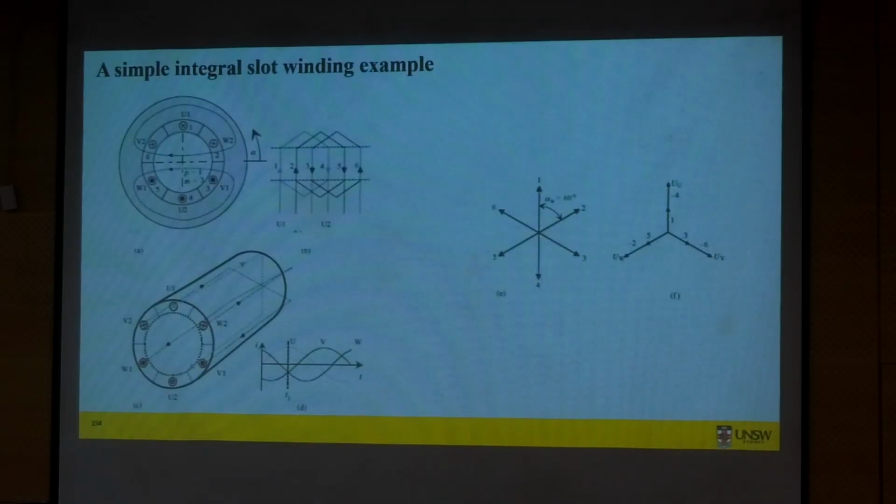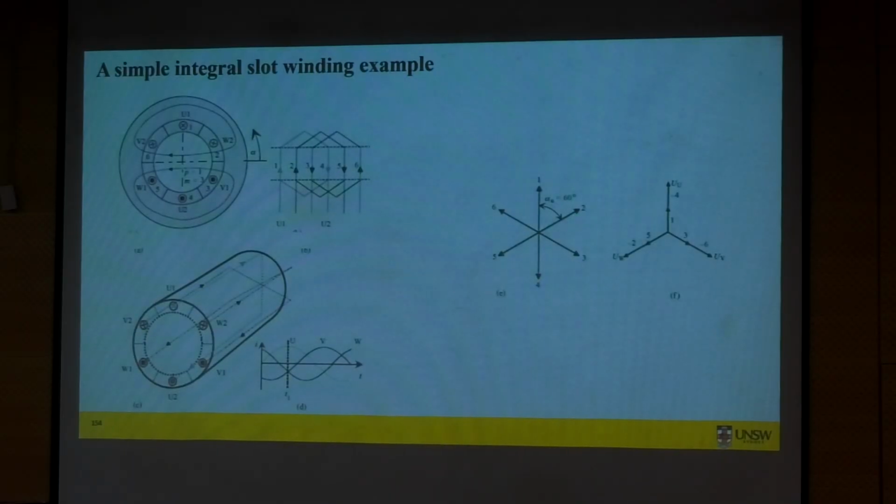Here you are seeing, I think this slide we could have shown before. This is simply showing what we talked about. Remember that your winding coils must be distributed in a particular way to get that 120 degree phase difference. This slide is showing you with a very simple integer slot machine.